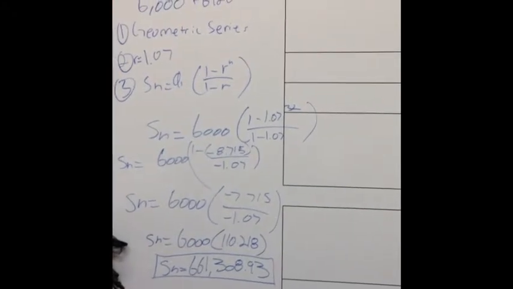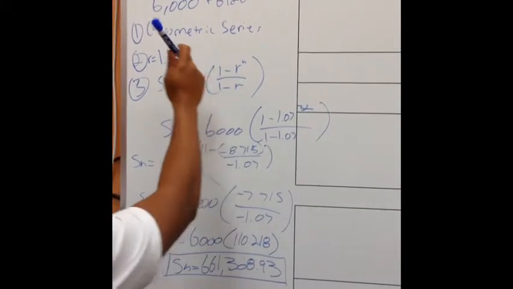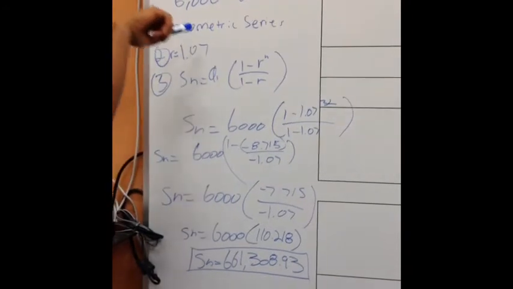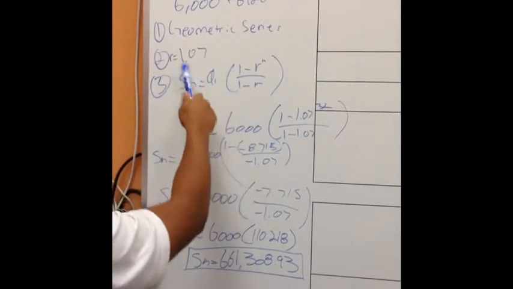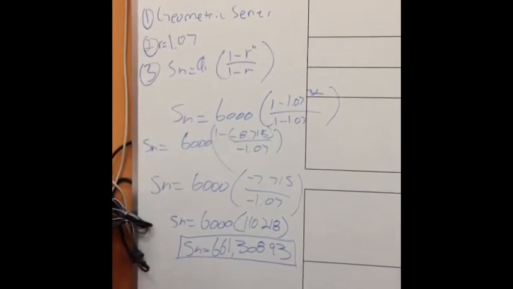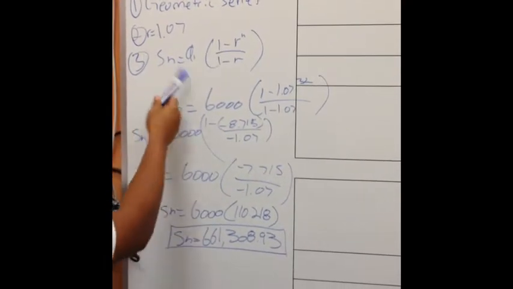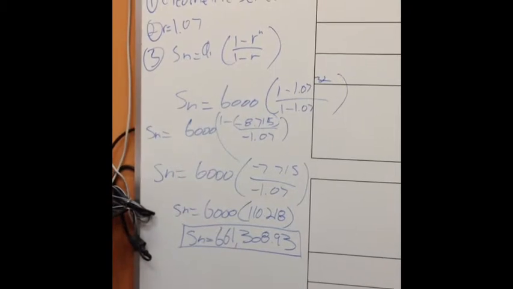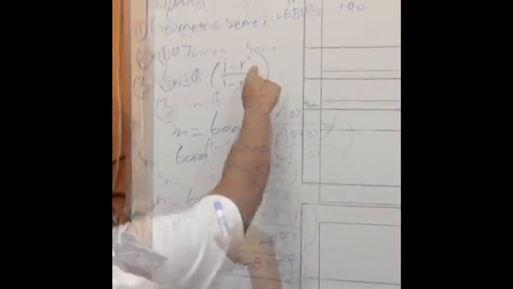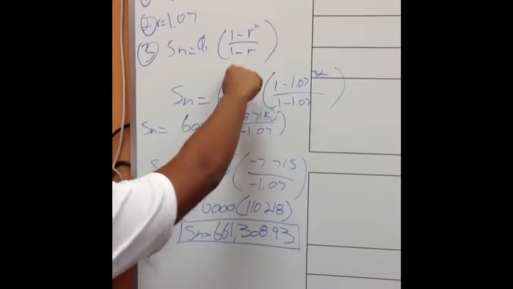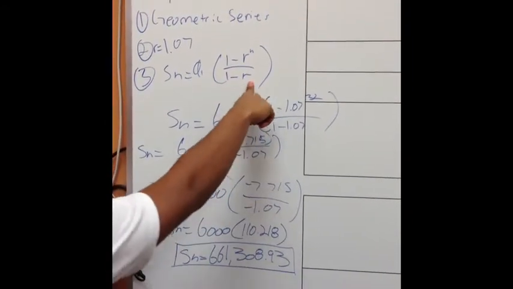So what we're going to use is the geometric series formula. The common ratio would be 1.07, and your formula would be Sn equals A1 times (1 minus r^n) over 1 minus r, n being the exponent.